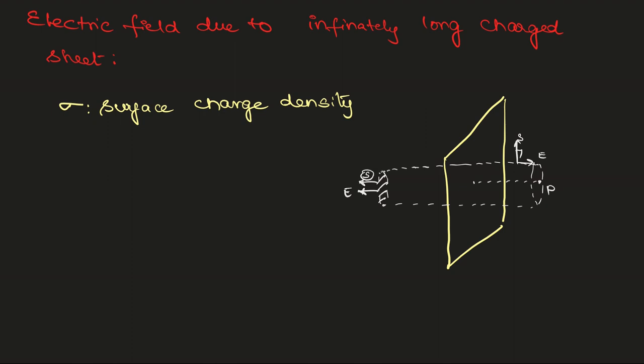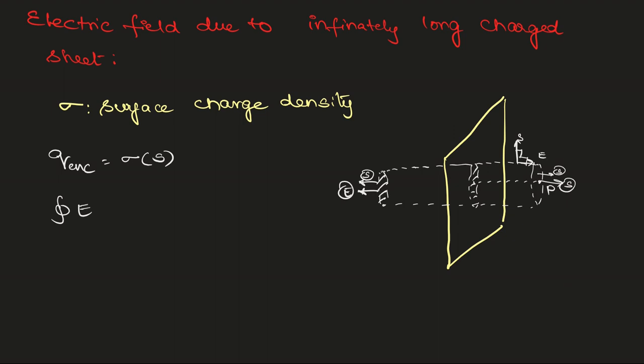We are having two such end caps with surface area S, and the charge enclosed will be equal to sigma into area, sigma into S. So if I apply Gauss law, we have to take only end cap areas, because the curved surface area is perpendicular to electric field, so there is no contribution of electric flux from the curved surface.